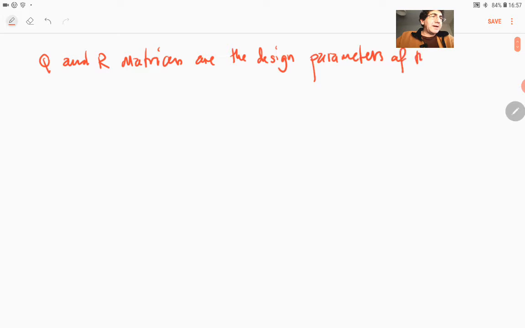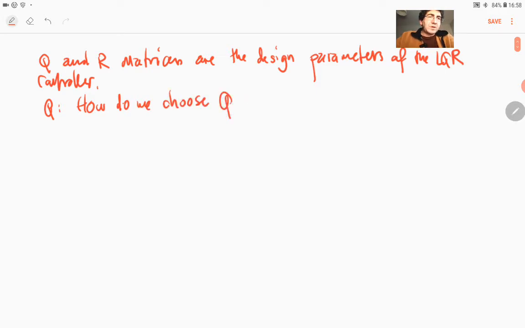Our question is how do we choose Q and R?